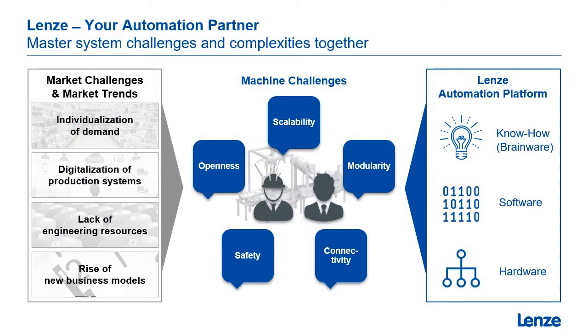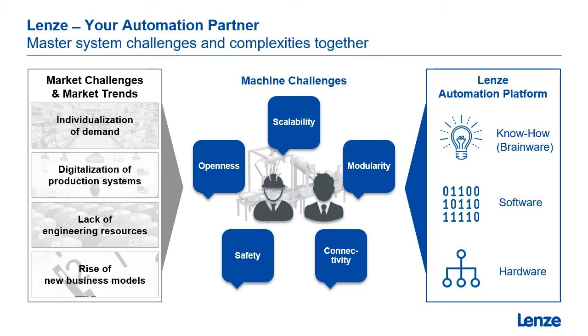Basically, the machine challenges, you see that here in the middle, are scalability, as described. We need a higher modularity in our machineries, and that all needs higher connectivity. Safety, of course, is a huge topic, because as more machines are interacting with human beings, safety is increasingly more important.